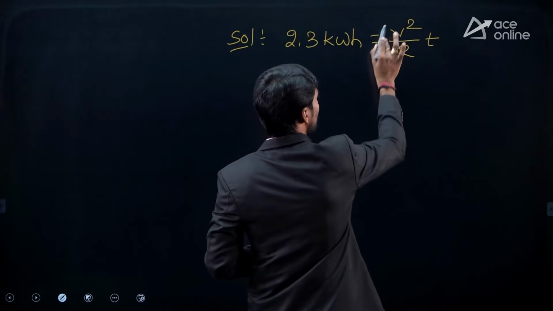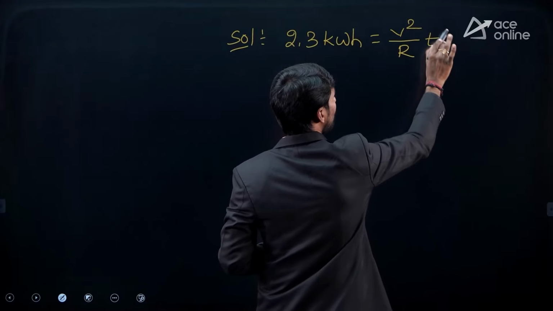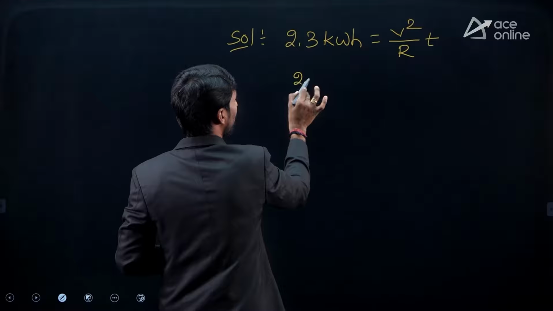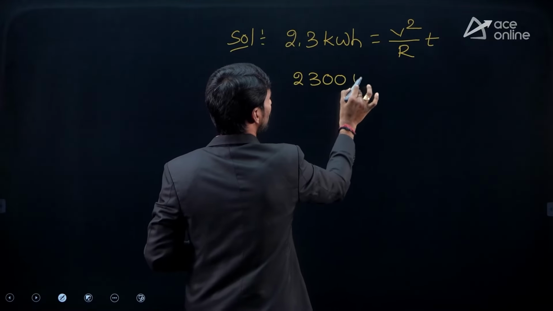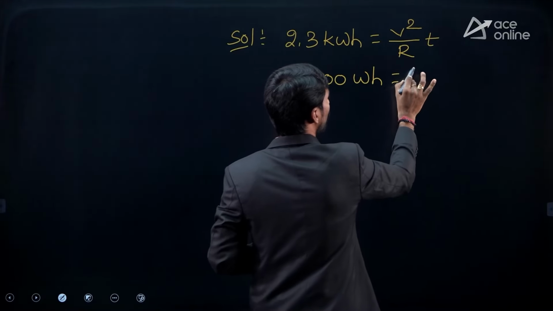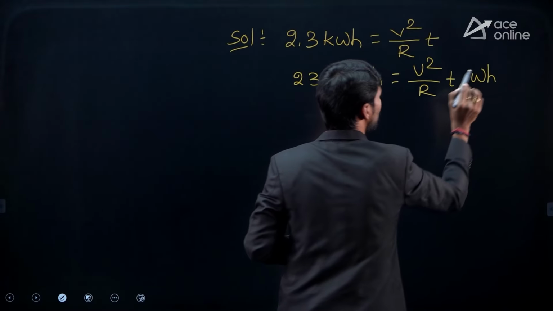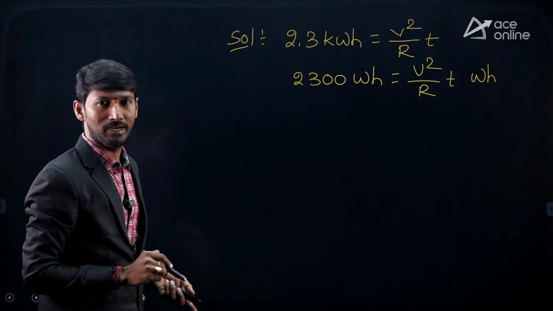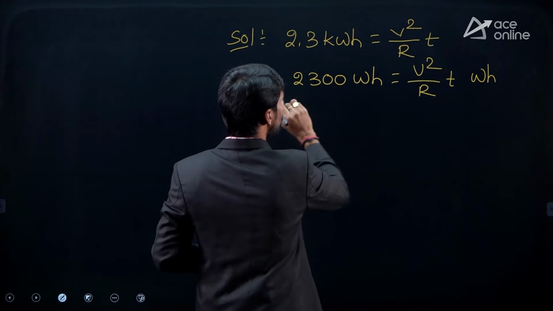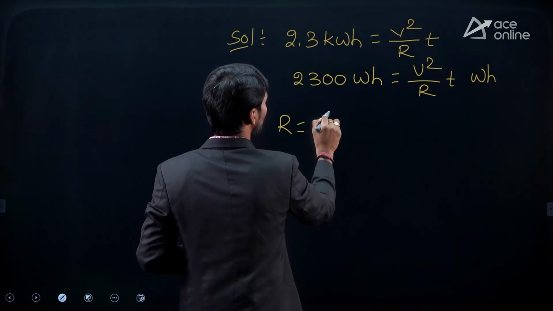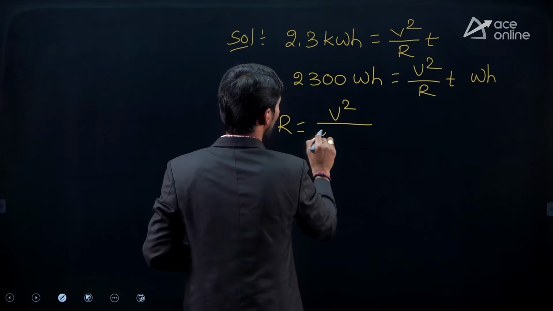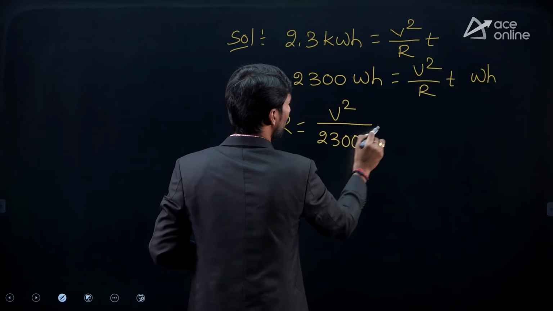Now, this is in what? This is in hours, watt hour. So therefore I am converting: 2300 watt hour is equal to V square by R into T, so many watt hours. So the equation is balanced. Now, what is this? R is equal to V square by 2300.